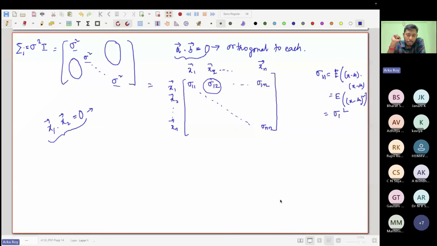Very basic example you can take. Okay, so the very basic example could be to show the independence or the orthogonality.